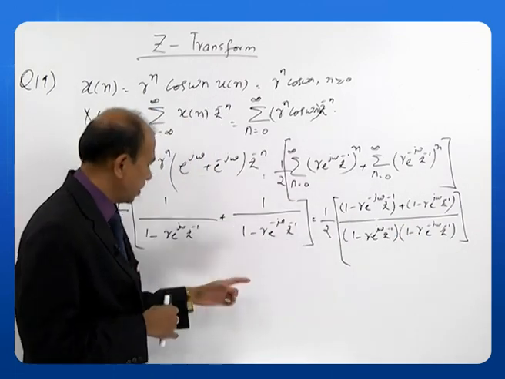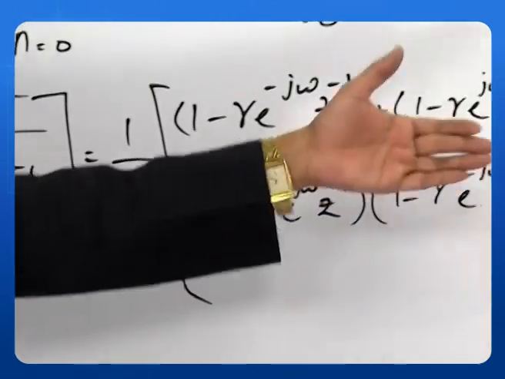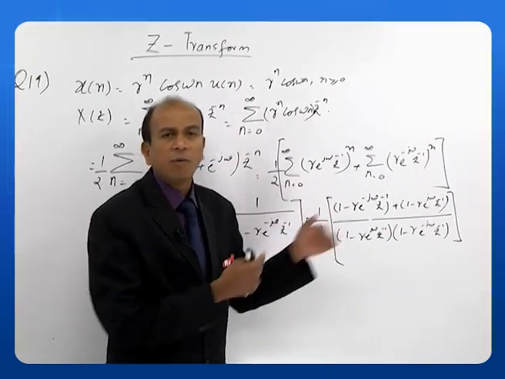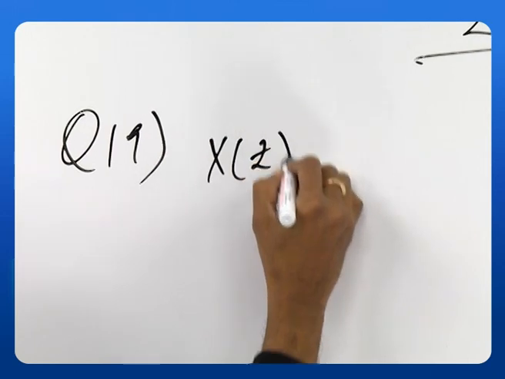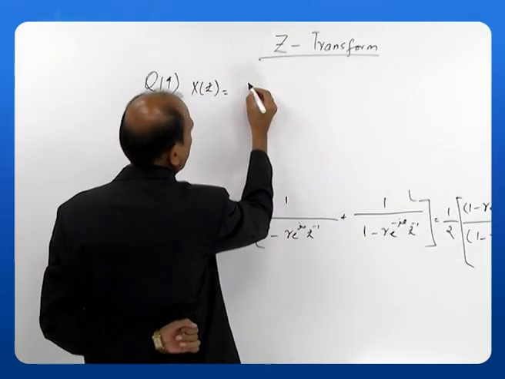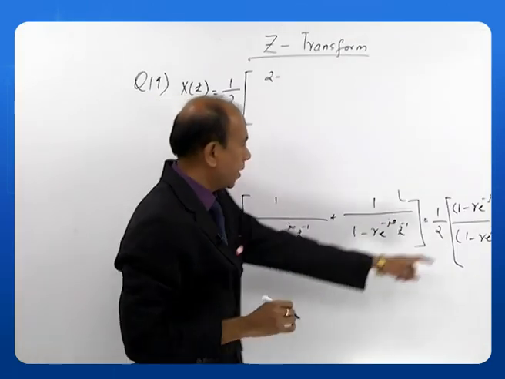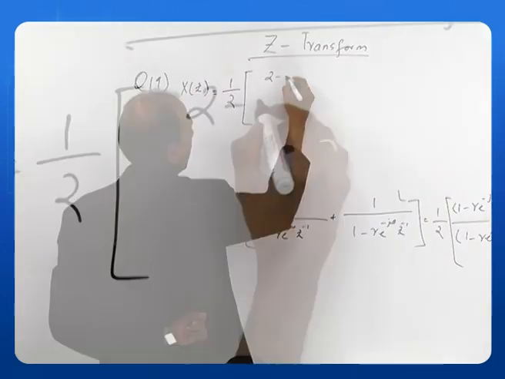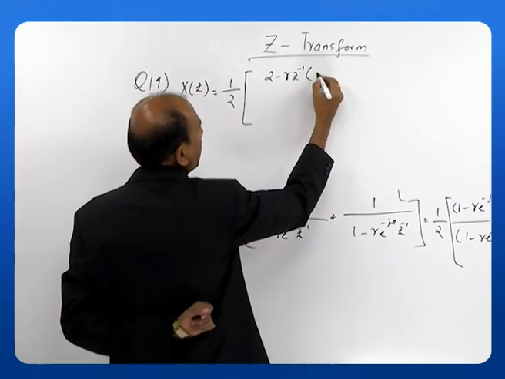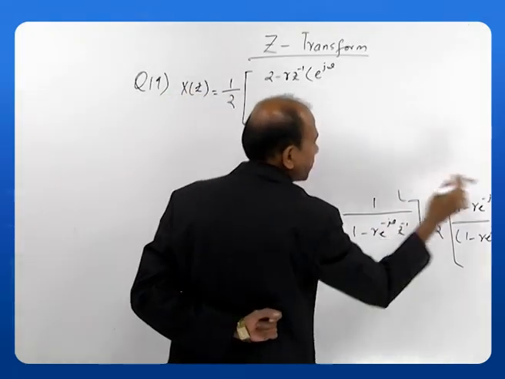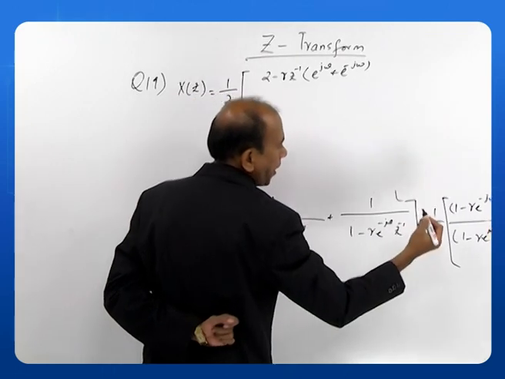Then we are multiplying these two, that is (1 minus r e to the power of j omega z to the power of minus 1) into (1 minus r e to the power of minus j omega z to the power of minus 1). Let us see what the product of all this will be. So, X(z) is now half of 2 minus r z to the power of minus 1 times (e to the power of j omega plus e to the power of minus j omega), taking r and z to the power of minus 1 as common.